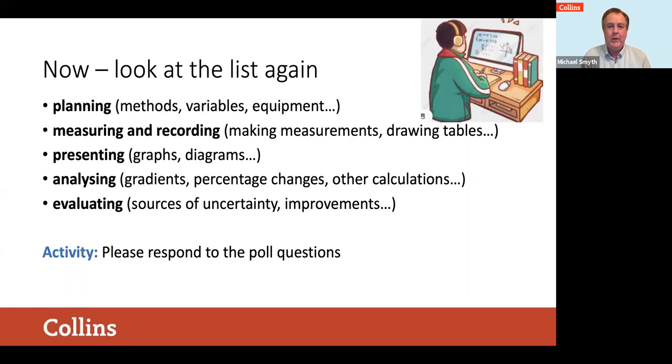Okay, because just because a student finds something challenging doesn't mean to say they don't do well in it. So if you're from your own experience teaching or marking work, whatever, which of these do students not really perform well in? So I'm going to stop the vote there.